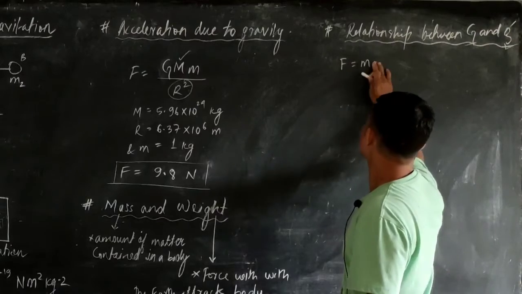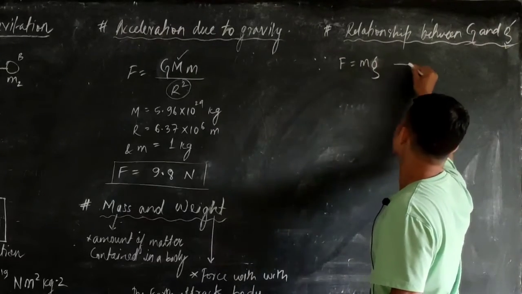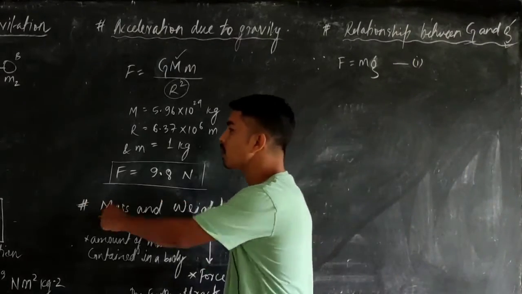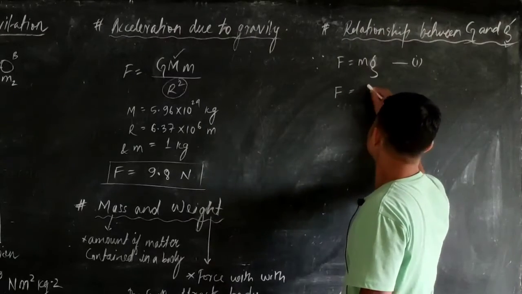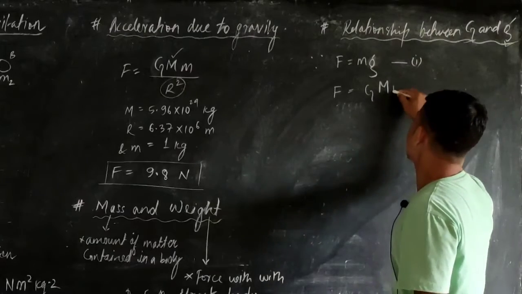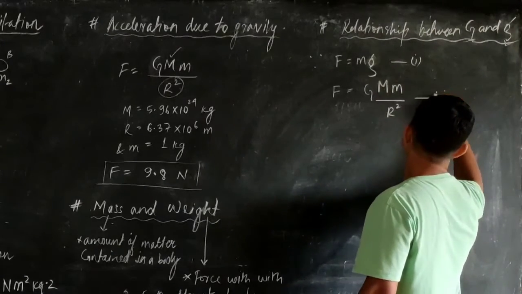Thus we can write F equals m into g, and I write this as equation 1. Also from the universal law of gravitation, I have the formula F equals G M m divided by r square, where M is the mass of the earth. This is equation number 2.